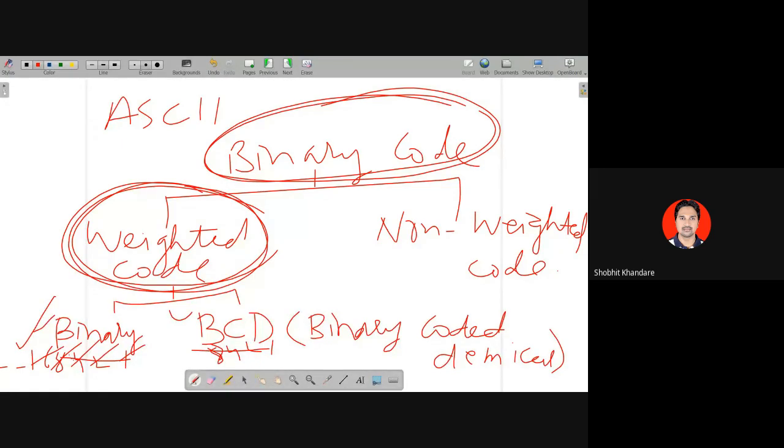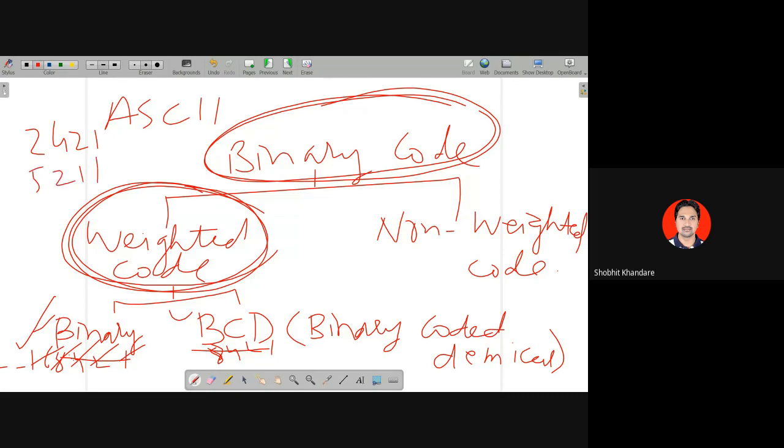Now there is one more interesting thing. When I say BCD, 99.99% it is 1 2 4 8 unless it is specified, but there are some other binary coded decimal codes also. For example, 2421, or for example 5211.